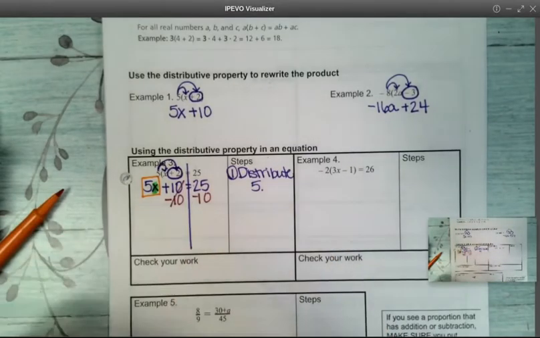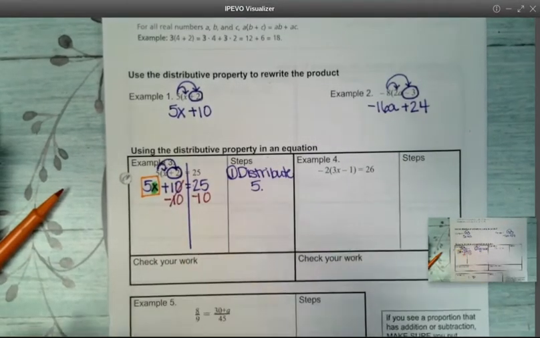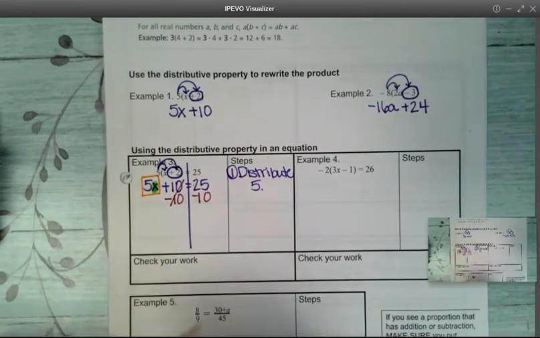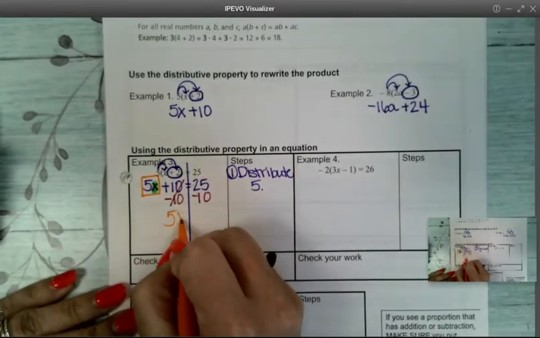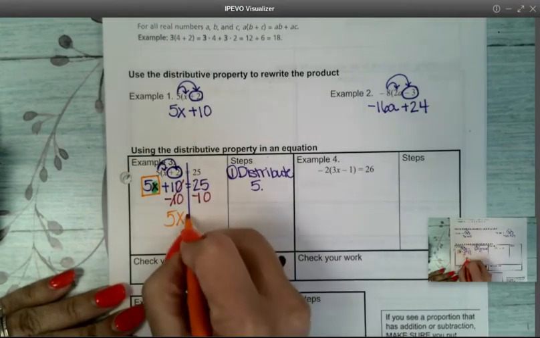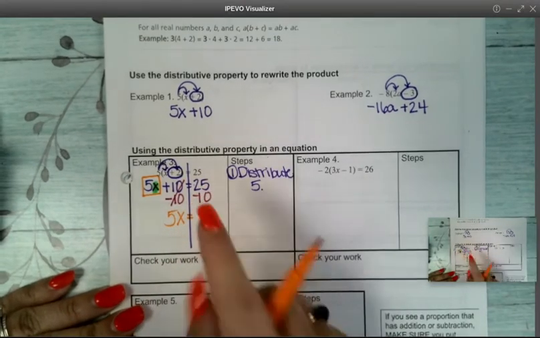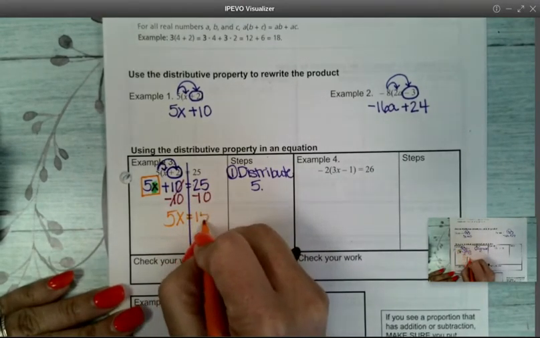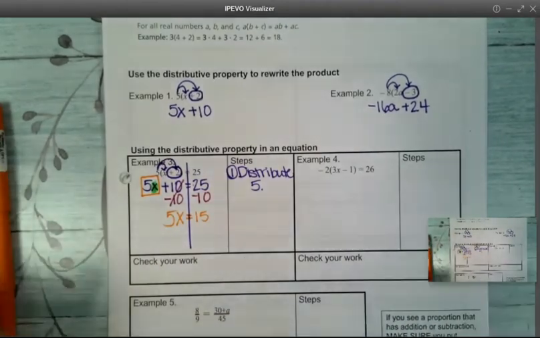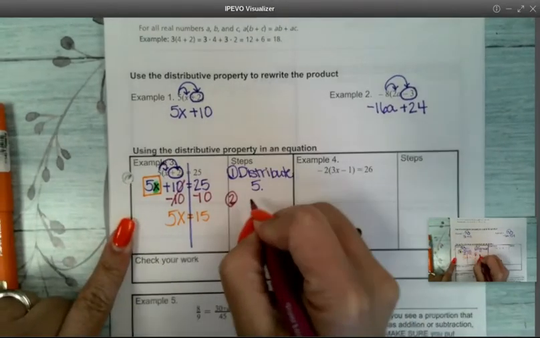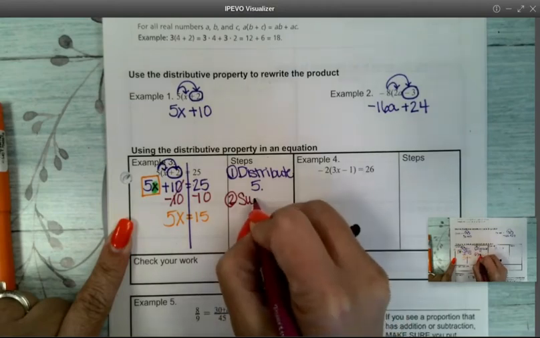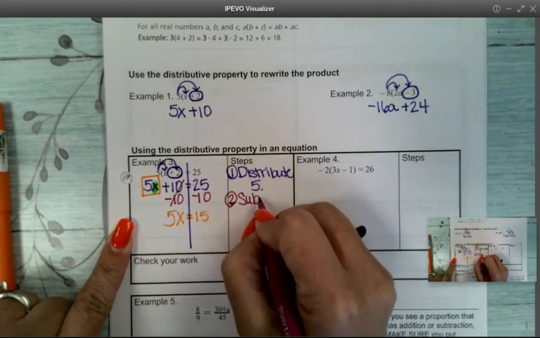When we subtract 10 on both sides, this side cancels. Then we have everything that's in the orange box, 5x, equal to 25 take away 10, which is 15. What we did on that second step was the subtraction property of equality, and we subtracted 10.